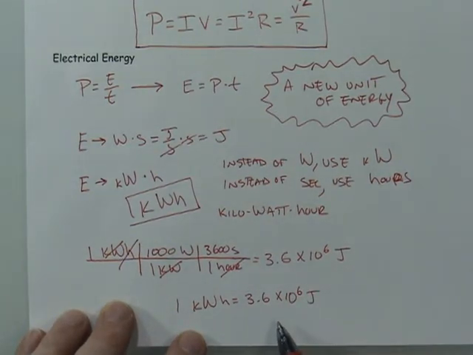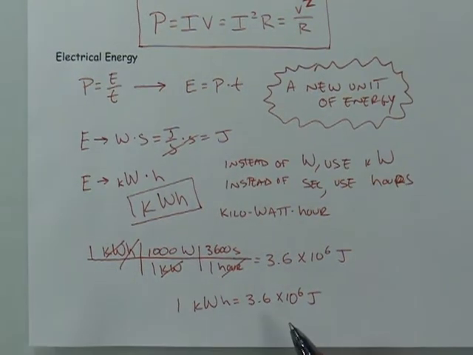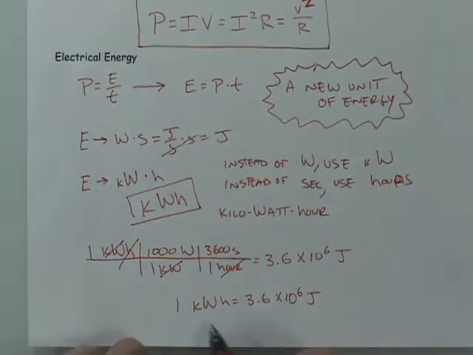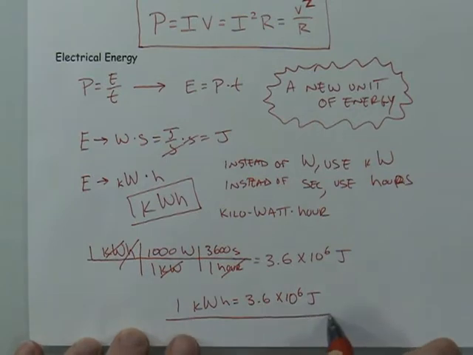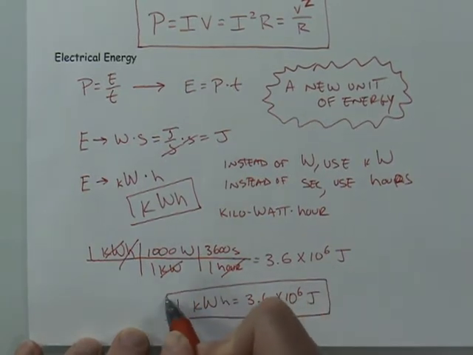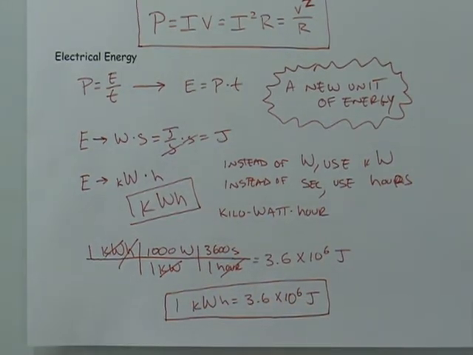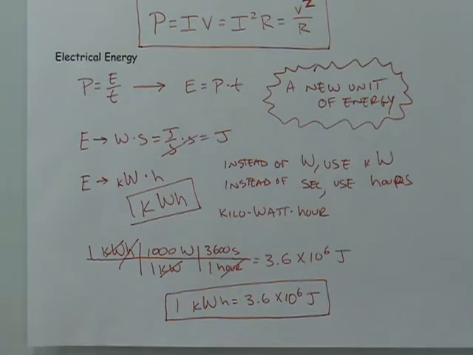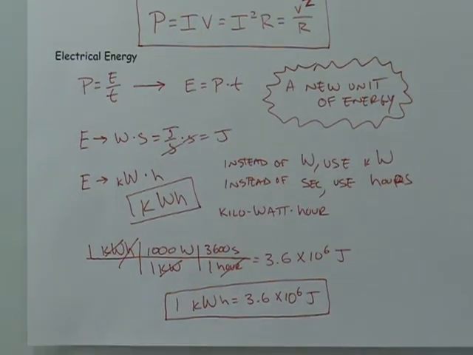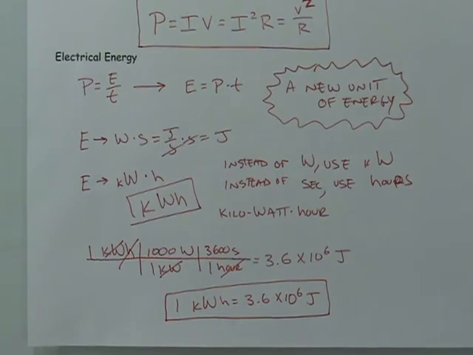That's 3.6 million joules. That's a lot of energy, but in my house, for example, I don't think I've ever seen our electric bill be below 400 kilowatt hours. Generally speaking, my bill doesn't usually go above 700 or 800 kilowatt hours at the maximum, but there have been 1 or 2 times, because it was really hot and we had to run the air conditioning more, where I have seen it reach 1,000.